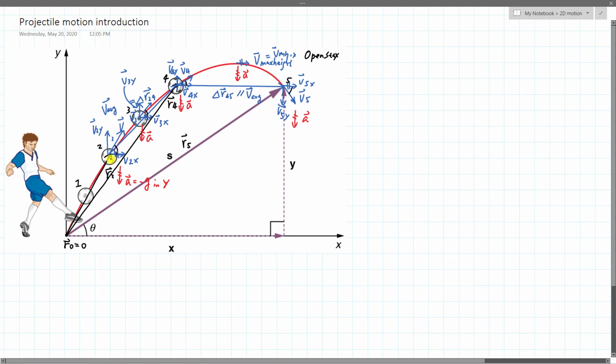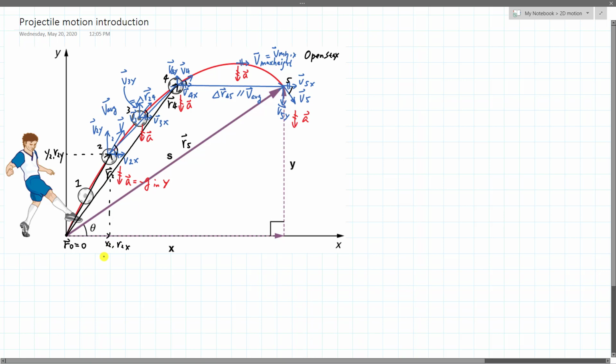The positions can be decomposed into x and y's, right? These positions, this is x, or the rx, whichever you prefer. This is y, ry, let's use r2y, that means 2x, x2, something like that.